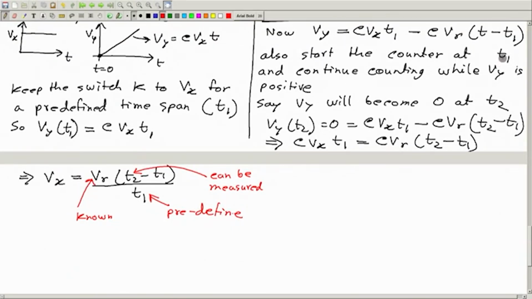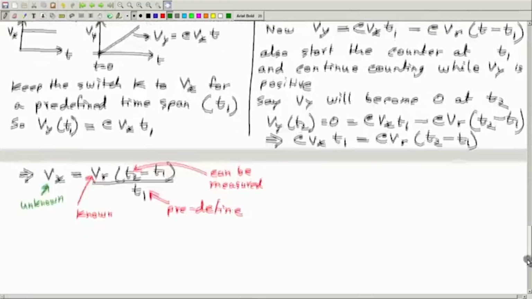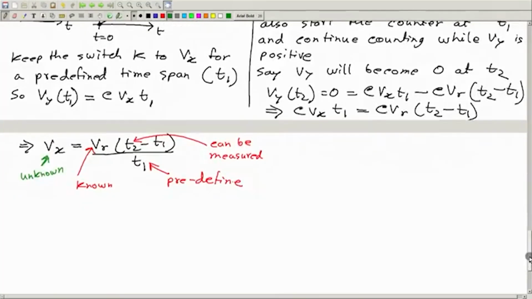Okay. So this counter can help me in measuring this time. So this can be measured. So all these quantities on the right side, this is known, this is known, this is known. So this unknown can be found. Okay, from this, right? So this is the essential scheme in this measurement.